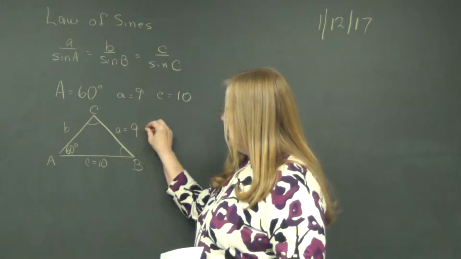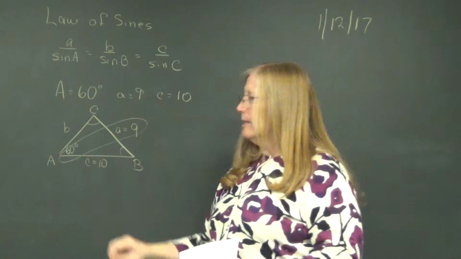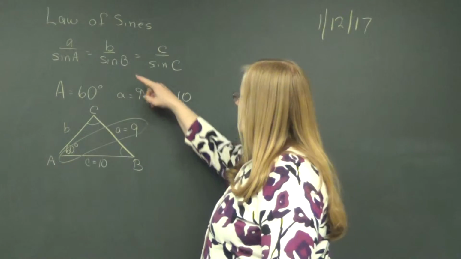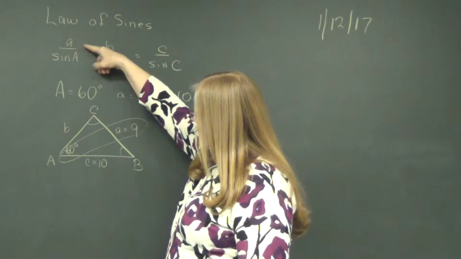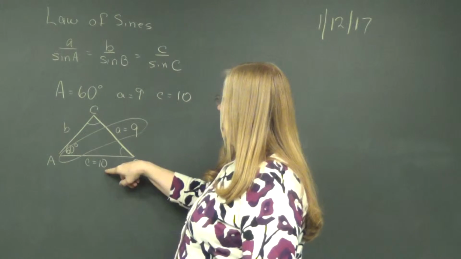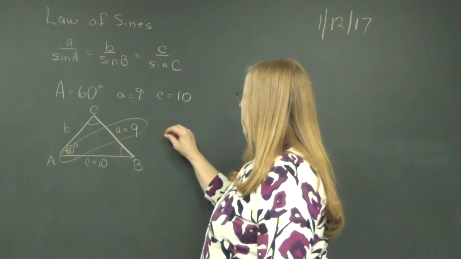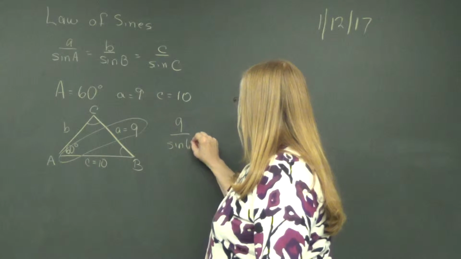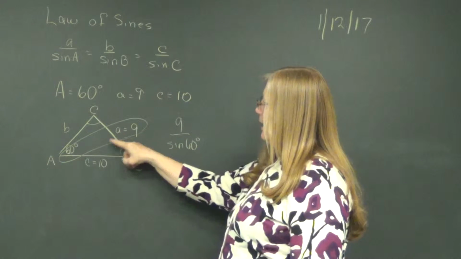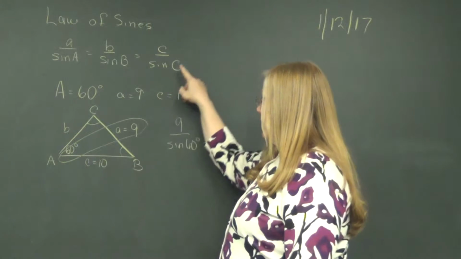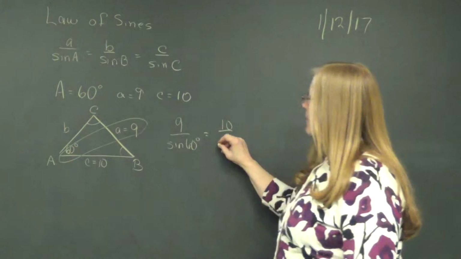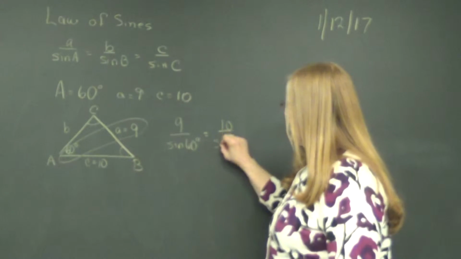We know this pair right here. So I'm going to include that pair in my proportion. I'll use C because I have some information about C. So 9 over sine of 60 is my a over sine A. Now I'm going to jump to c, which is 10 over sine of C.